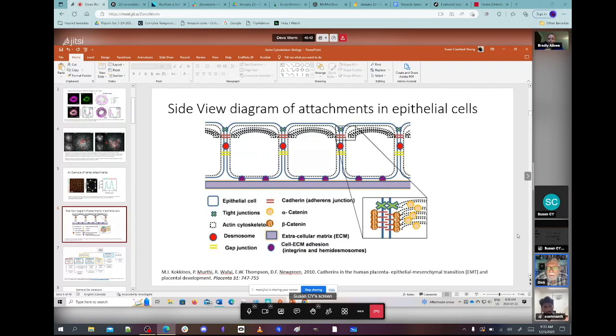I'm not sure about the integrin complex, but it has some attachment abilities, I believe, and the extracellular matrix kind of determines the stiffness of that attachment. So if the extracellular matrix is stiff, then the attachment is stiffer. It's very dependent on the extracellular matrix in epithelial cells.